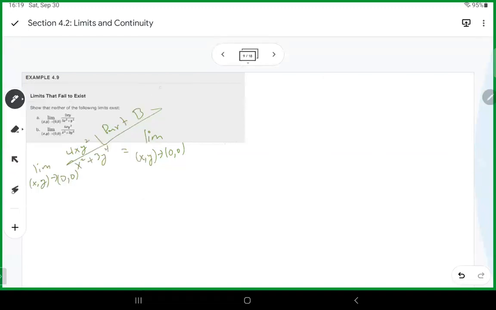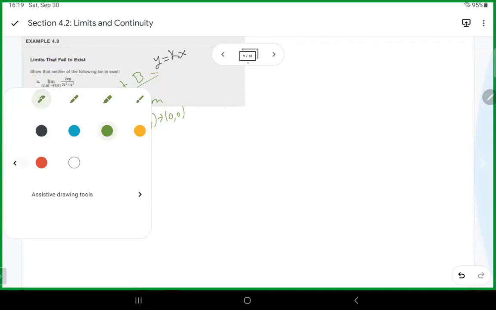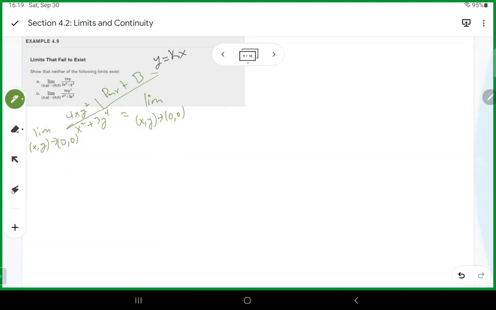Right now we're considering y equals kx. So that would be 4x times kx squared over x squared plus 3 times kx to the fourth.